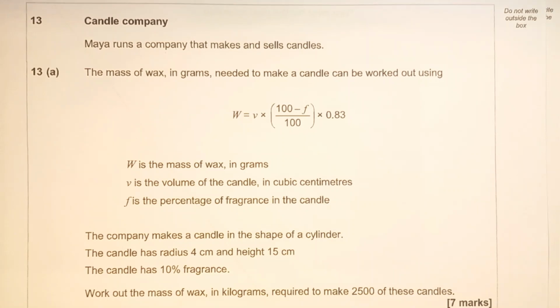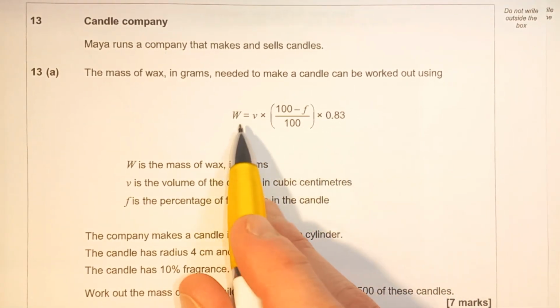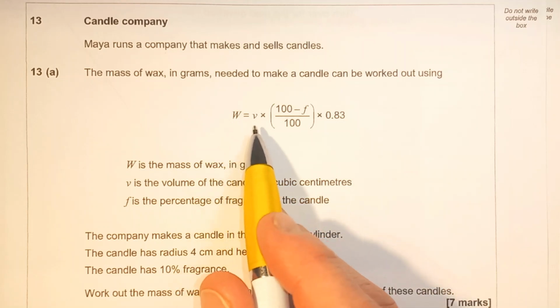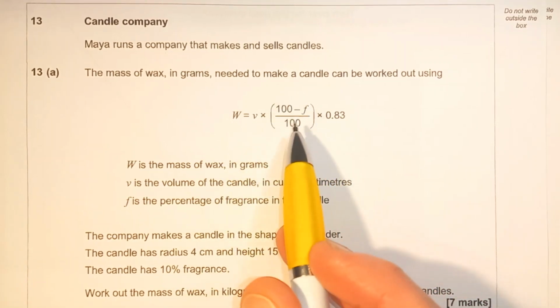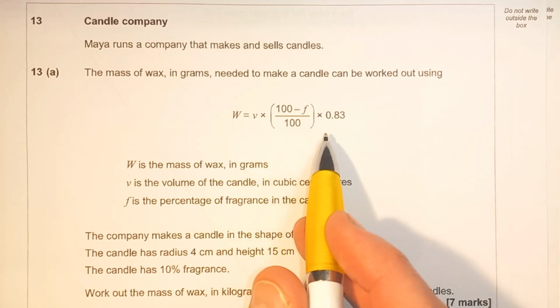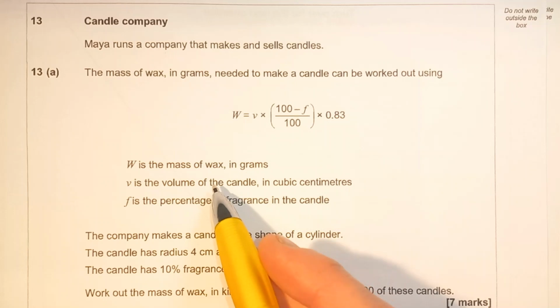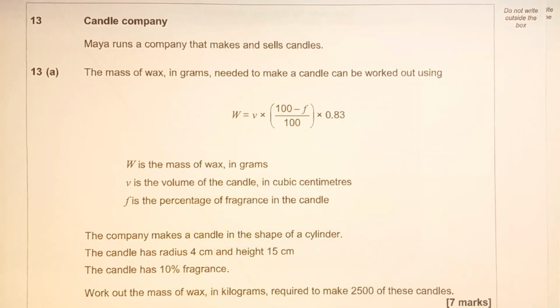Question 13. Candle company. Maya runs a company that makes and sells candles. The mass of wax in grams needed to make a candle can be worked out using a formula here: W equals V times (100 minus F) divided by 100 times 0.83. W is the mass of wax in grams.